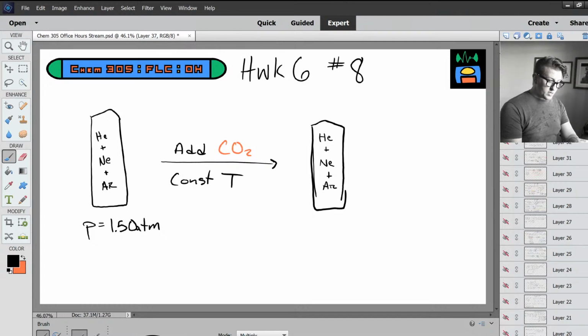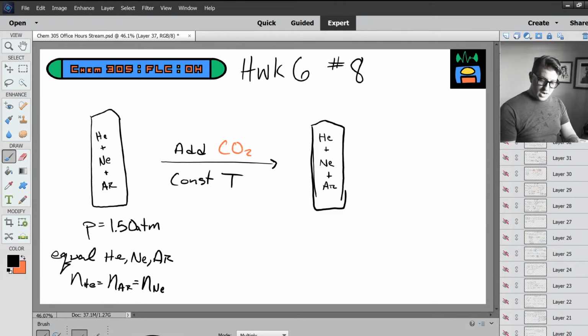And there's a critical piece of information. They tell us that we have equal helium, neon, and argon. That means moles of helium equal moles of argon equal moles of neon.